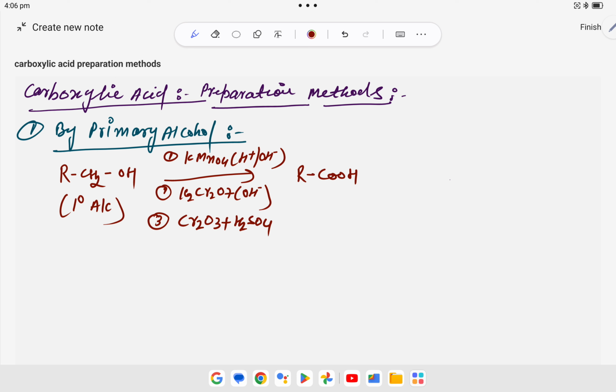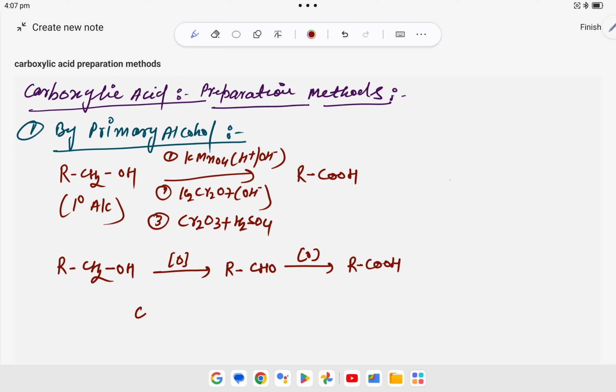It's a very simple process. In aldehyde also we discussed this thing: RCH2OH, after the oxidation first gives RCHO, and after the aldehyde, again oxidation, RCOOH, acid, will be formed.